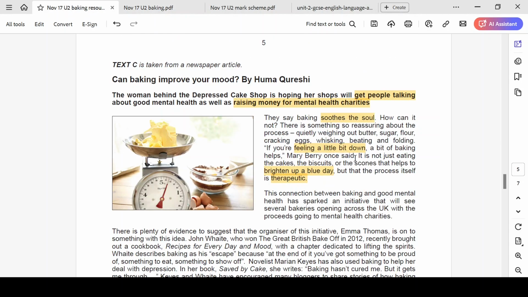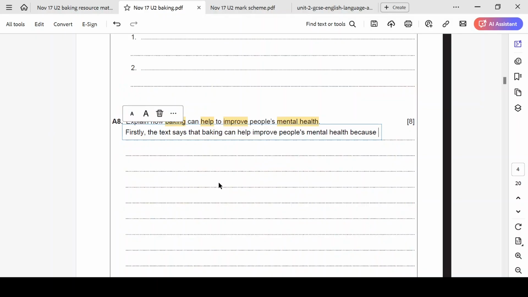Because, jump back to the text, it soothes the soul and is therapeutic. So I'm going to use those quotes, but I'm also going to use my own words. So I'll start with a quote. Soothes the soul, which suggests, always a good thing to put in a longer mark answer.